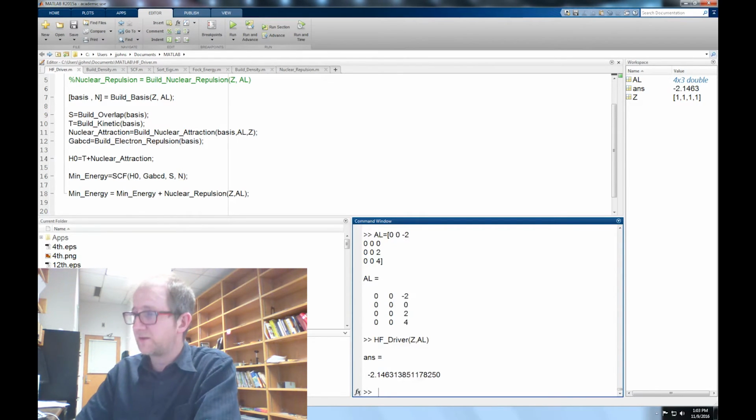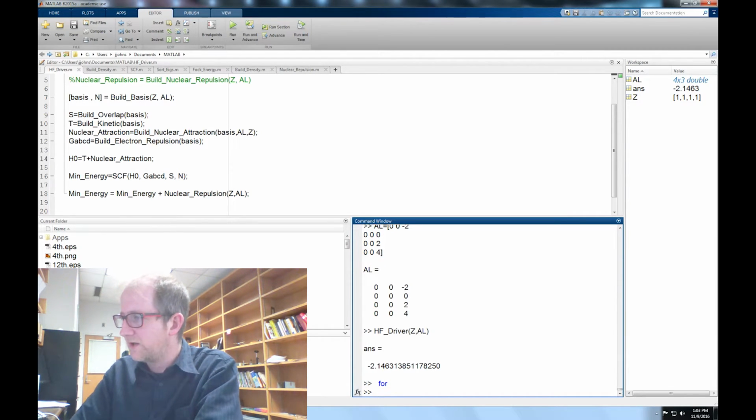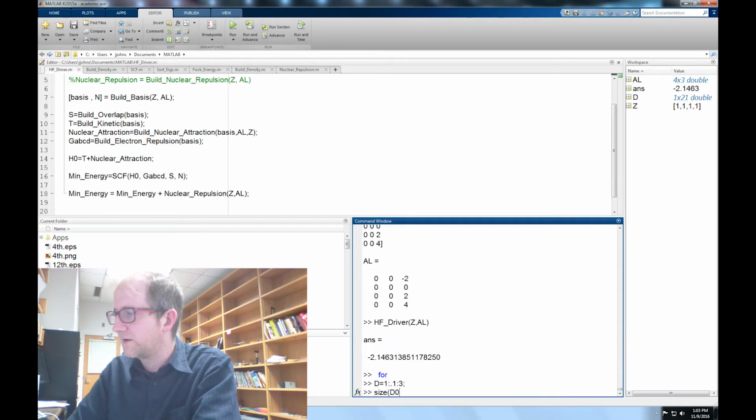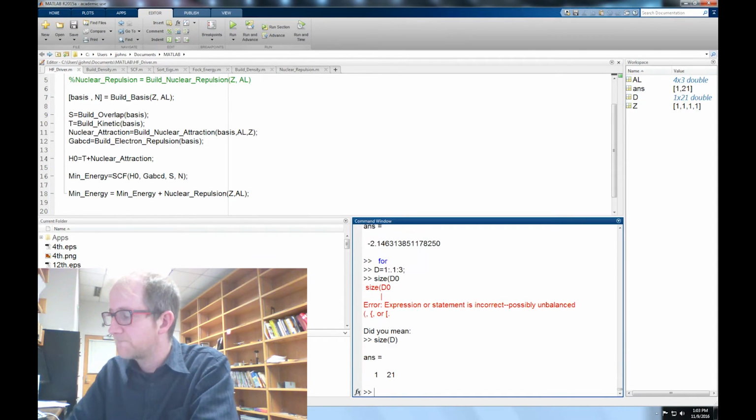We can actually take this, we can do, let's say, we can write a separate little script, right? And we could say for D, let's go D equal 1.0.1 to 3. Size of D. Okay. For I equal 1 to 21.